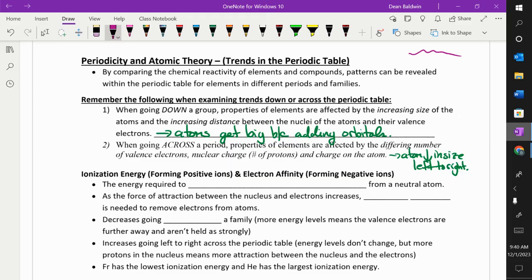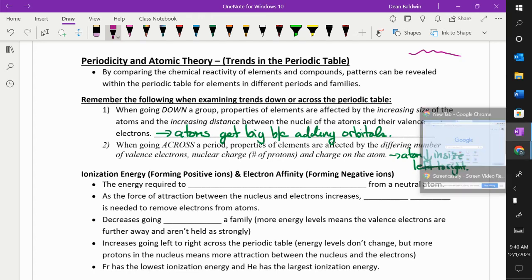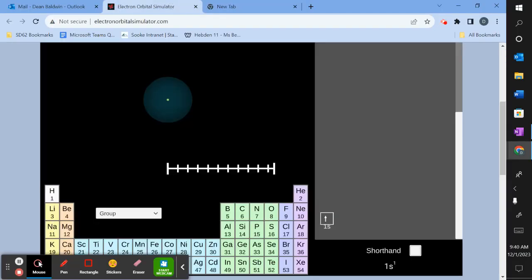We talked about what happens as you go across the periodic table. We have our hydrogen, 1s1.